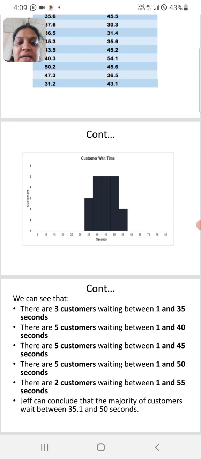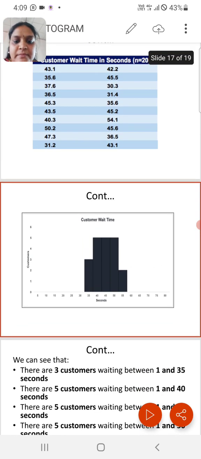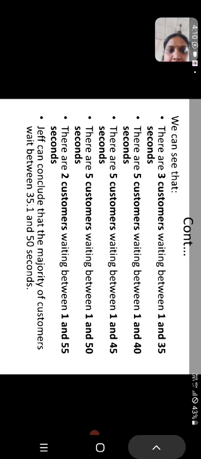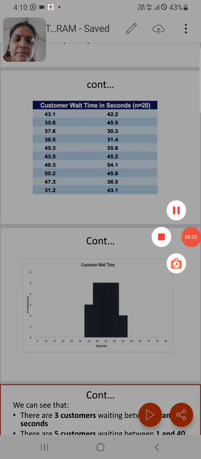These many customers are waiting for customer service. So that's all about histogram, an important topic in data analytics.